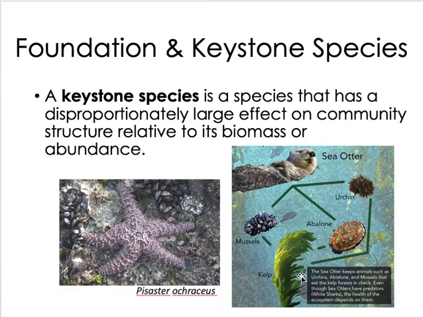Kasi kung mawawala yung kelp, mawawala din yung kelp community or kelp forest. So the existence of sea otter is very important to the existence of the kelp forest. Kasi kung wala to, walang magko-control sa population nila, so mauubos din yung forest kasi kino-consume ng mga organism na to.